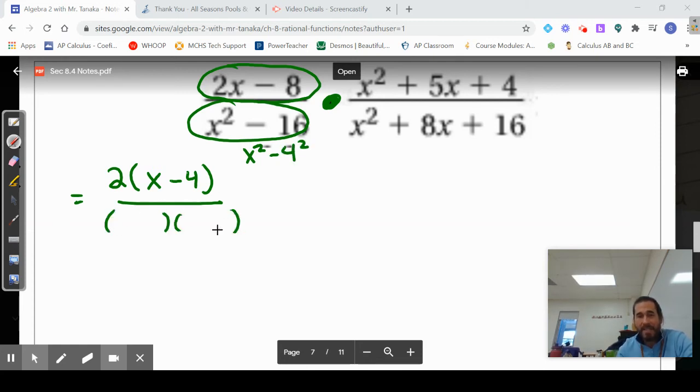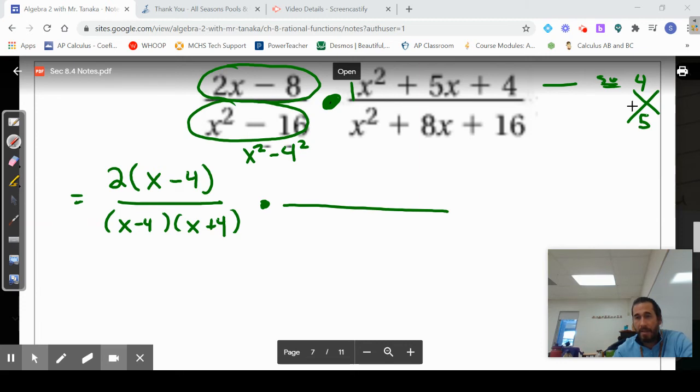Remember, anytime you have a difference of squares, you get x minus 4 times x plus 4. Oh snap, side work, but I can do it the super duper fast way. 1 times 4, 4, 5 there. That's 2 times 2? No. 4 times 1, right? Super duper fast means x plus 4, x minus 1.